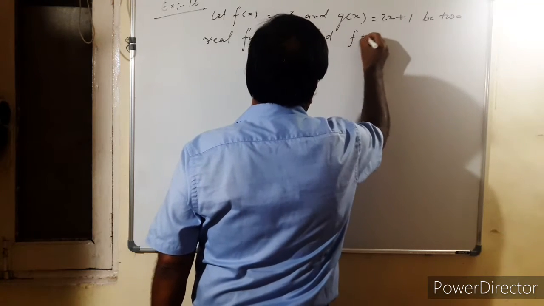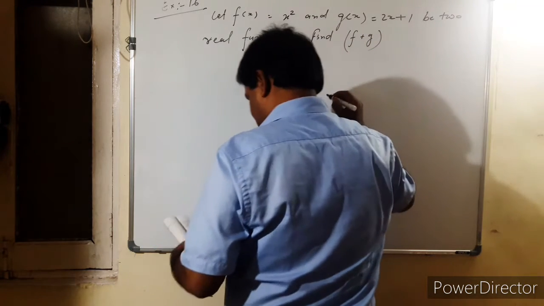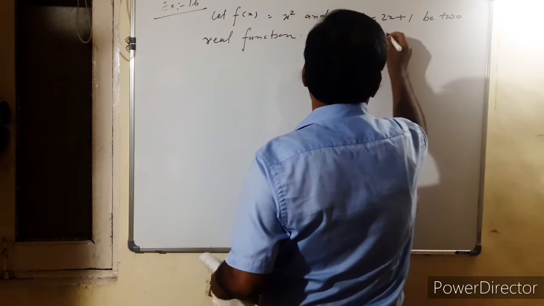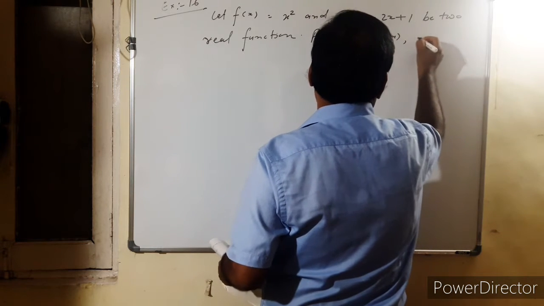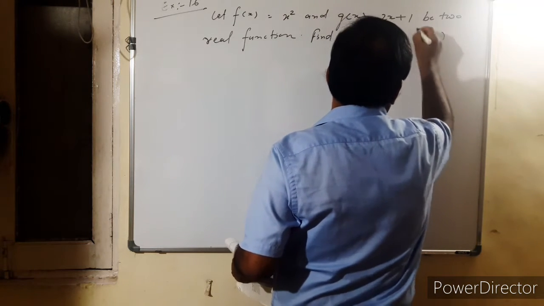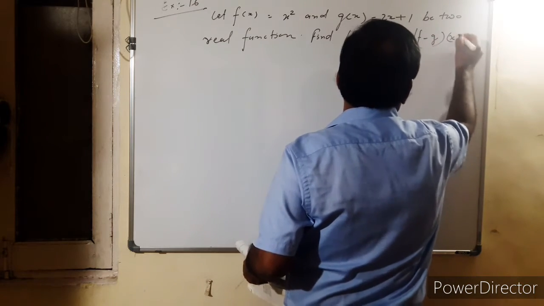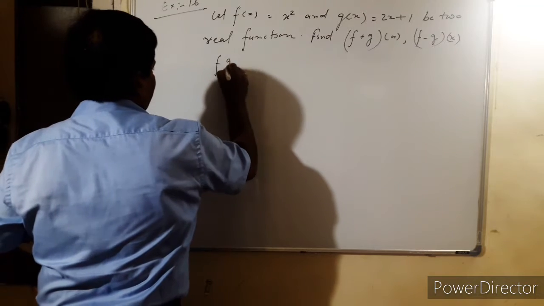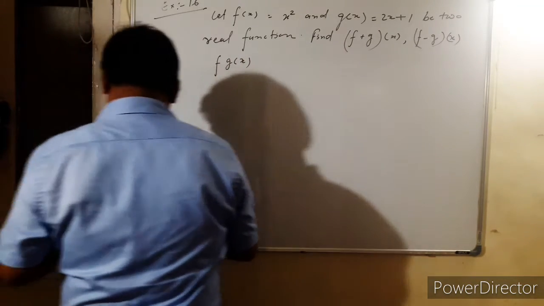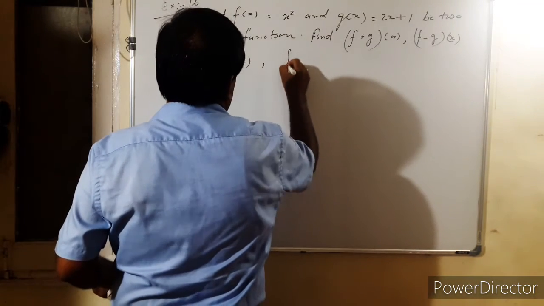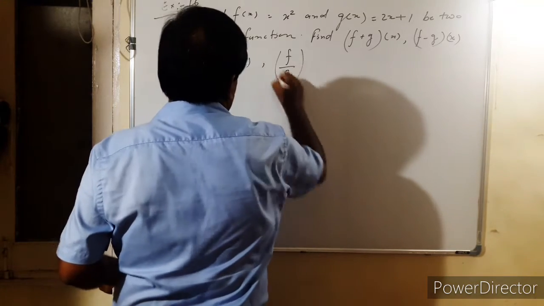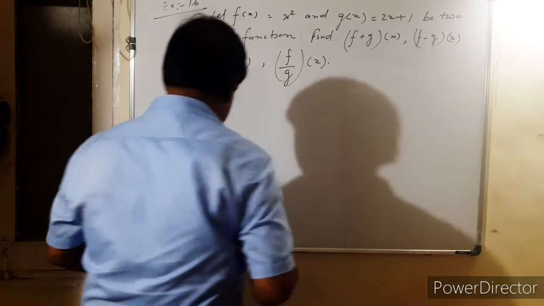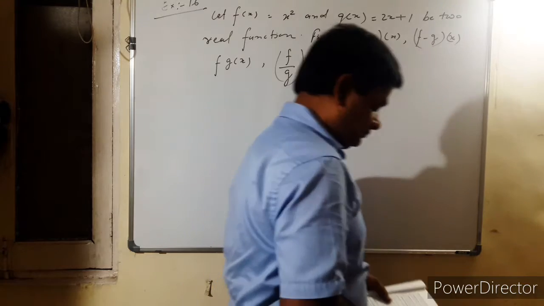Find (f plus g)(x), then (f minus g)(x), then (fg)(x), then (f by g)(x). You have to find all of these.